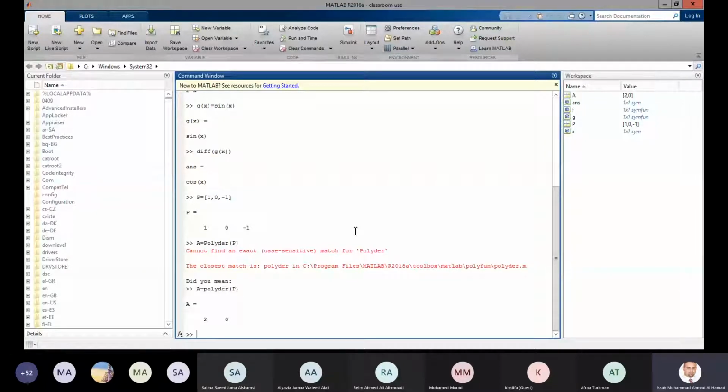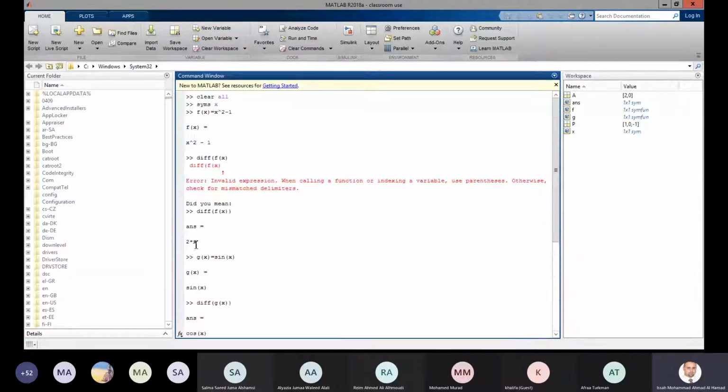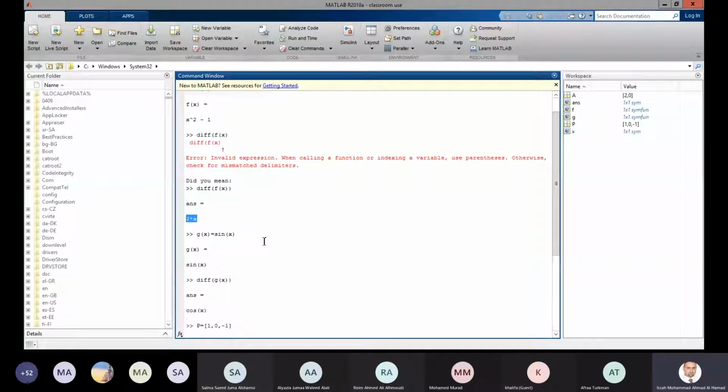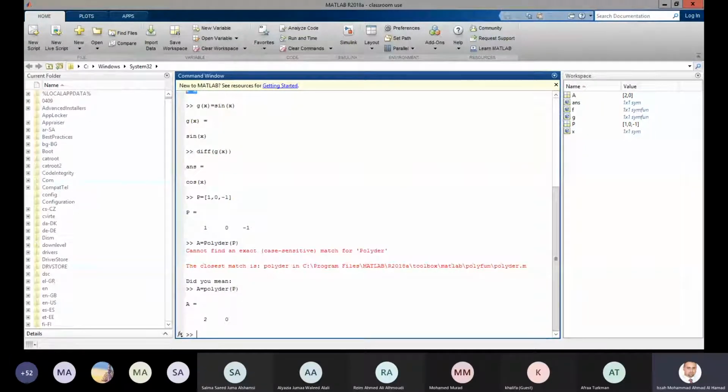This 2 and 0 means that 2 is the term multiplied by x, so it is 2x. As you have seen here, if you differentiate x^2 - 1, it will be 2x. So the polyder function gave you 2 and 0, which means it is 2x + 0. So it is 2x.